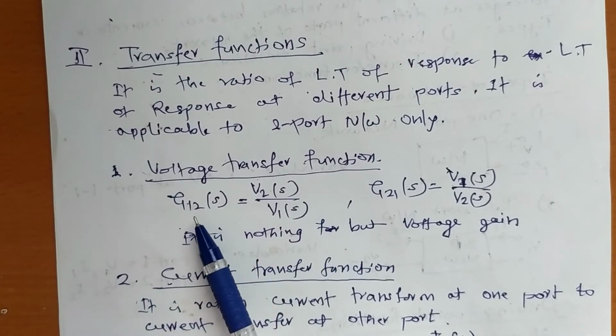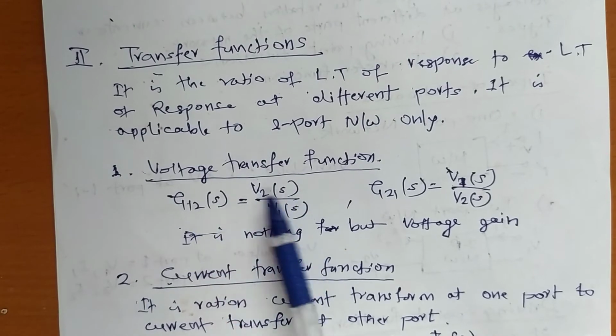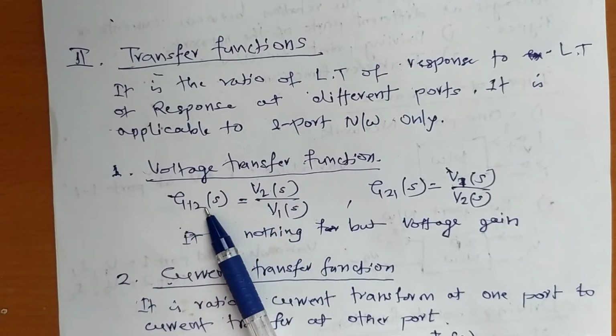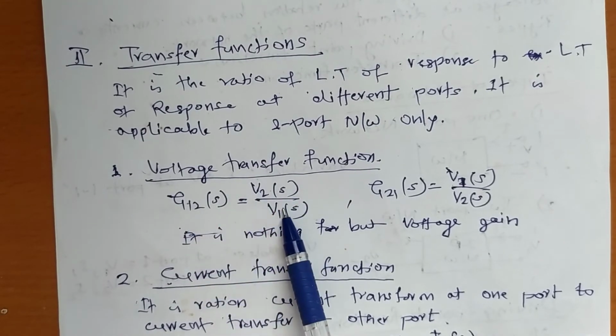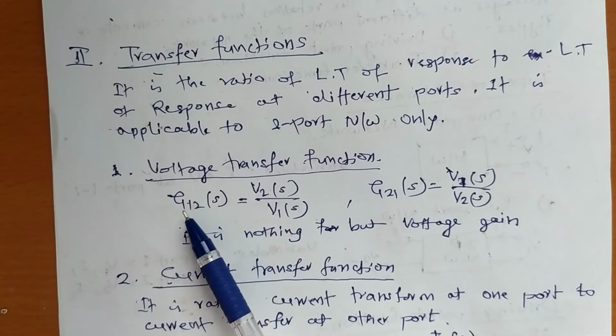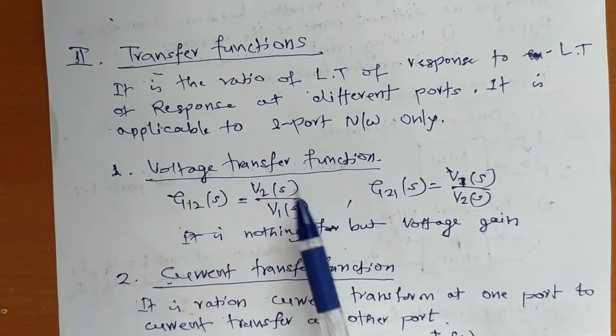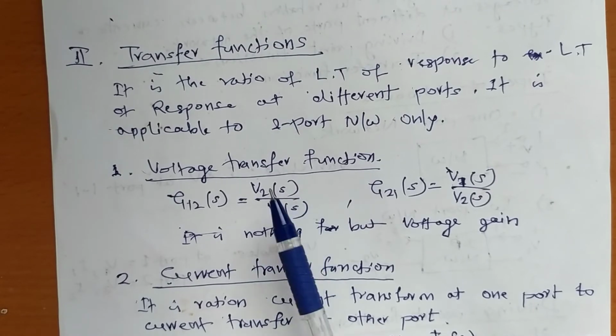There is a small confusion that arises about this suffix. Just look at the suffix: first one, second two, first two, second one. Here it is output, here it is input. So output by input is a transfer function.